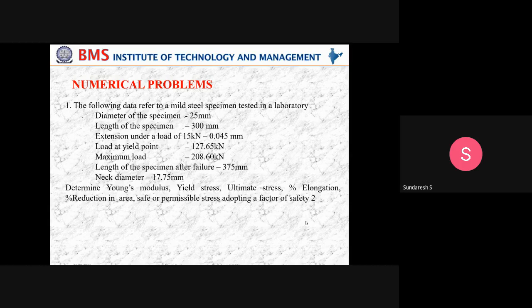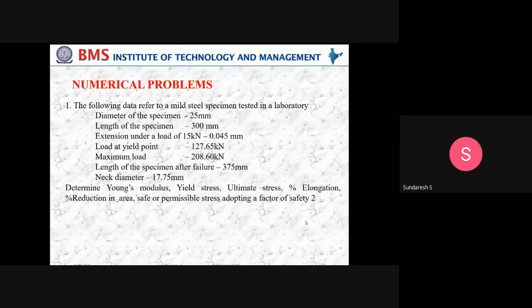Then load at yield point is 127.65 kilonewton. Then maximum load, 208.6 kilonewton.